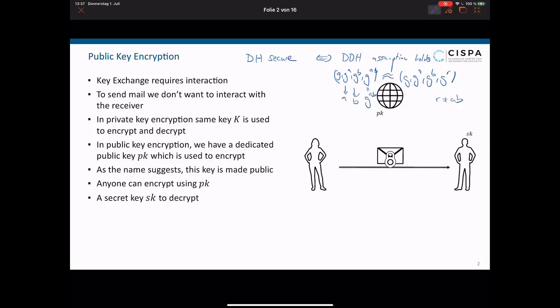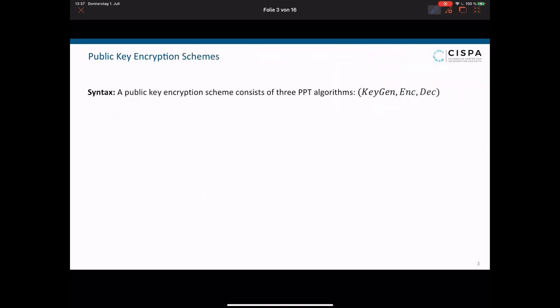And I can decrypt it using my secret key, which I now call SK, instead of K, because we're distinguishing now between a public key and a secret key. We're not just having a key K. Now we're having a public key PK, which anyone can know, and a secret key SK.